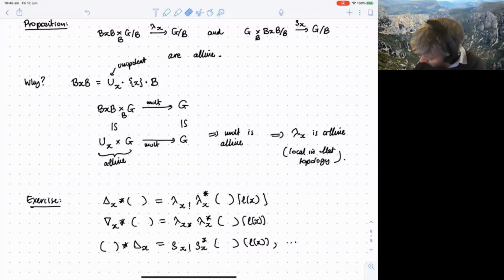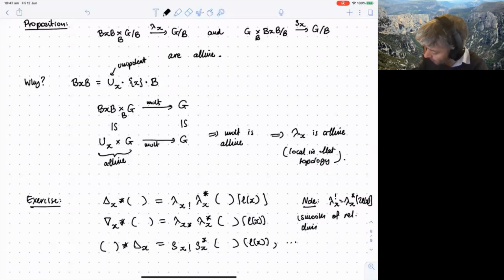And just in order to do this exercise, it might be important to note that lambda x upper shriek is lambda x upper star twisted by twice the length of x because it's smooth of relative dimension.